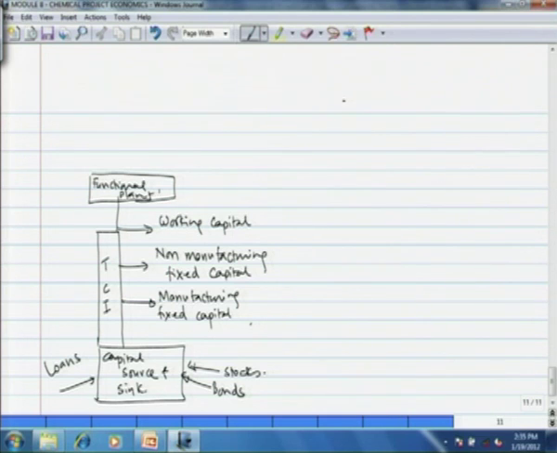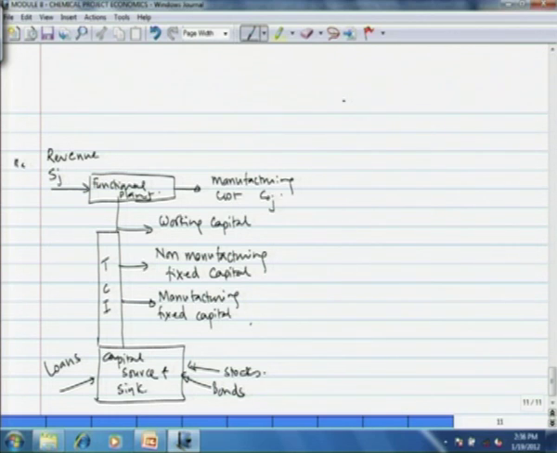Functional plant produces revenue from sales that we denote by letter Sj, and then it incurs the cost of manufacturing or production cost that we denote by C0j.